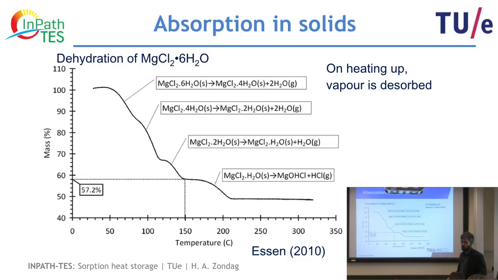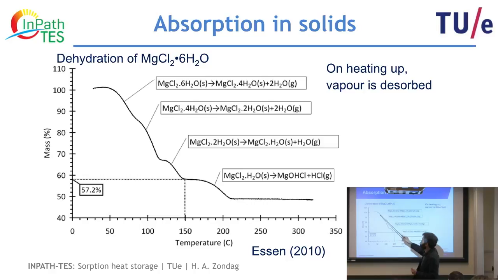We can also see this if we want to dry a salt hydrate. Over here, I show you the thermogravimetric plot of magnesium chloride 6 hydrate. In a thermogravimetric plot, we measure the mass of our sample as a function of temperature. What happens if we increase the temperature? At some point, vapor will be released, so our sample will lose weight because the vapor disappears from the system.